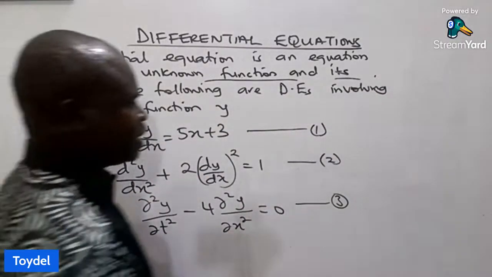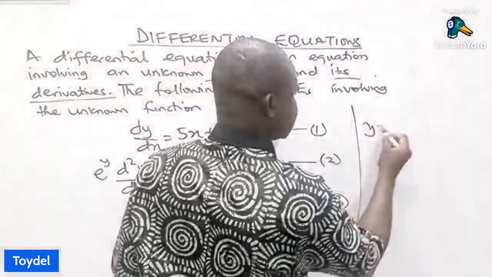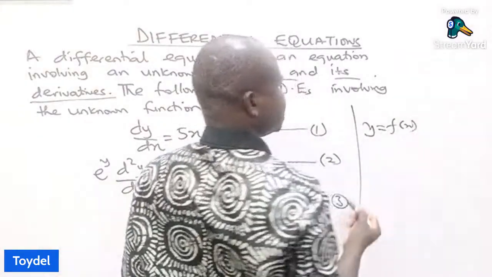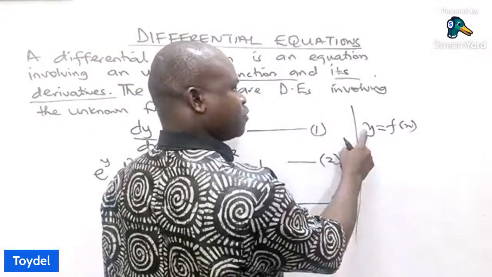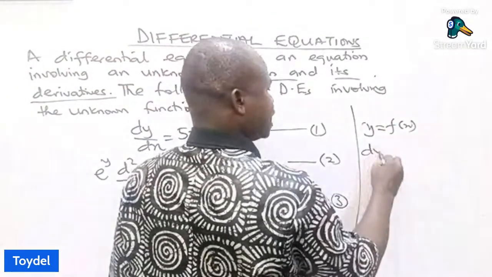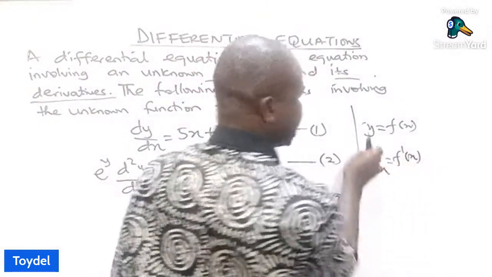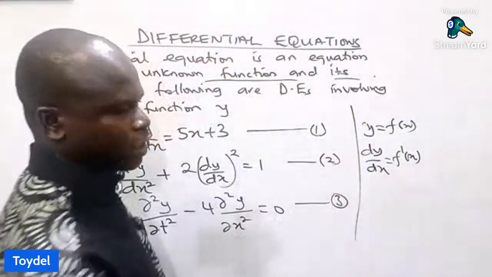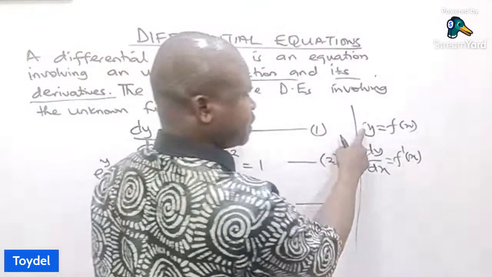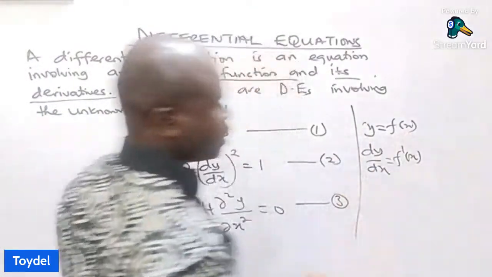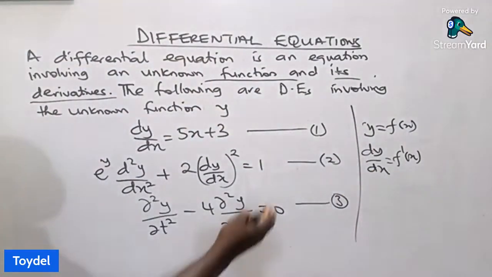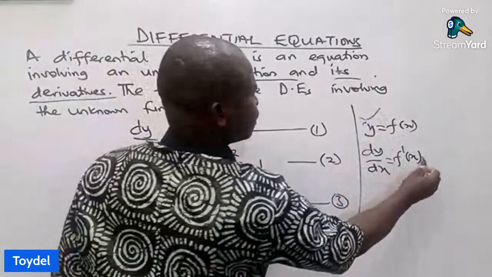That is, if y is a function of x, the rate of change of y with respect to x will be dy/dx. This will be f prime of x, the derivative of this unknown function y. y is the dependent variable, x is the independent variable. So this is the function and this is the derivative of the function.